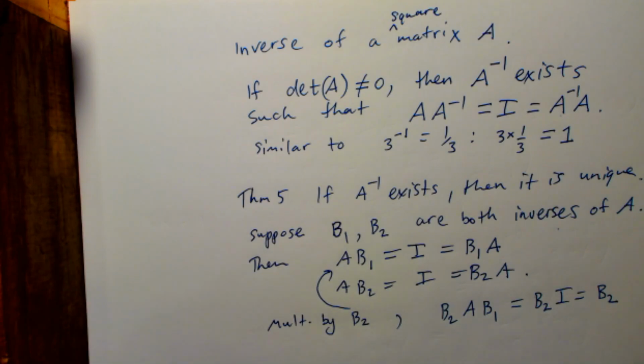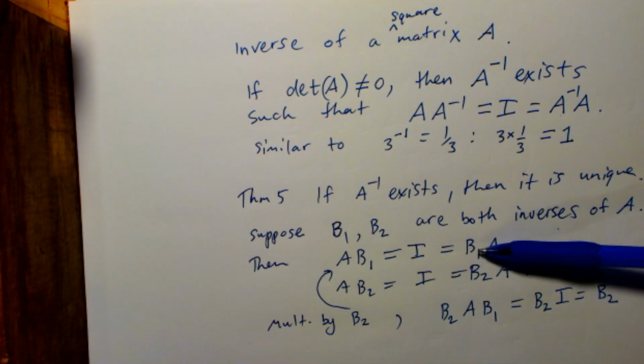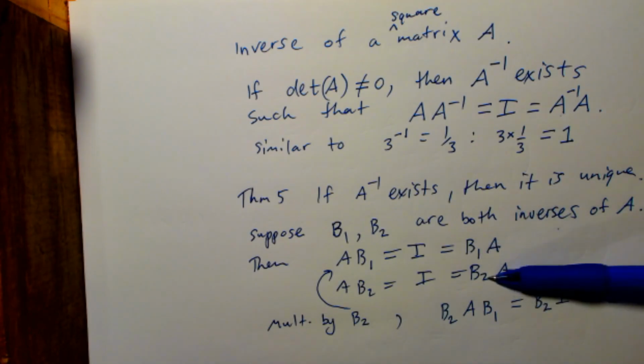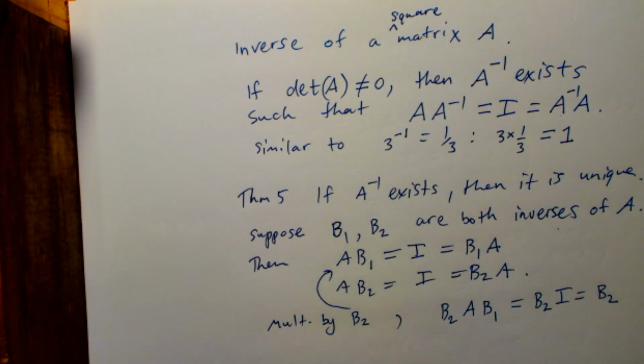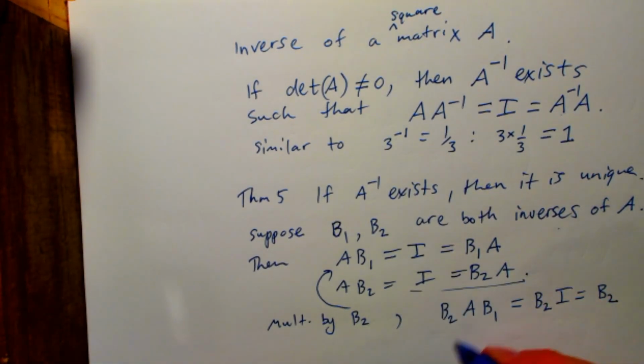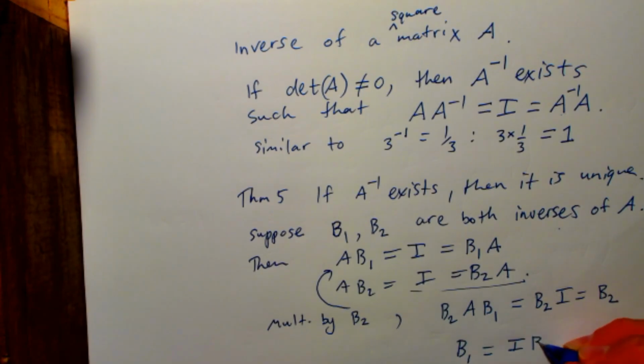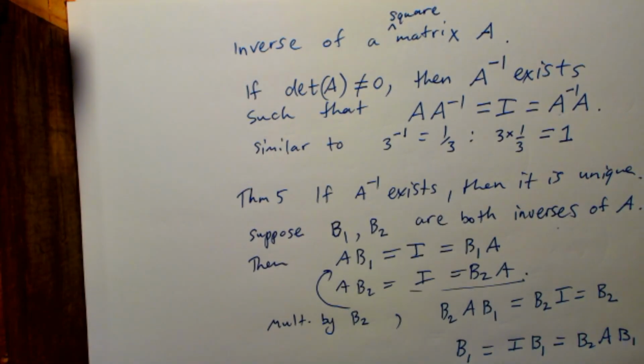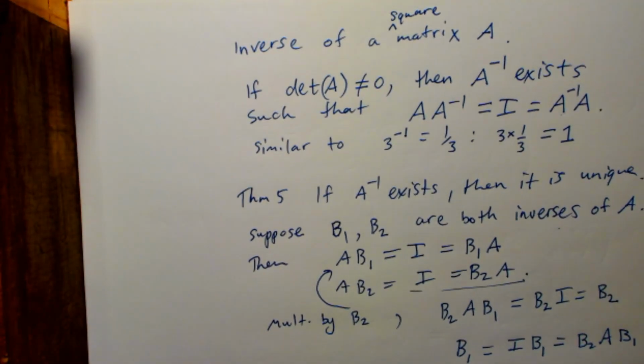Now multiplying the equation I equals B2A by B1 on the right, we have B1 is equal to I times B1, which is B2A times B1. Okay, now notice B2A B1 is B2A B1.